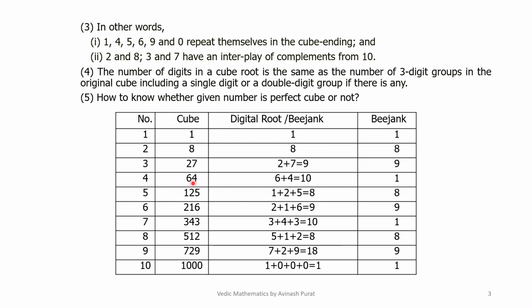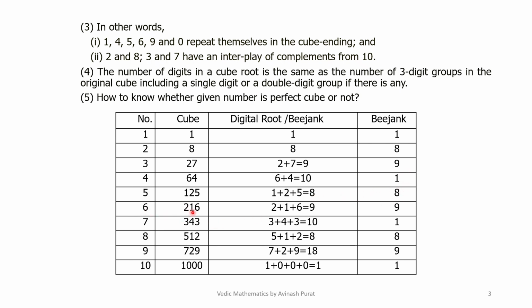Number 4, cube is 64, digital root or Beejank is 6 plus 4 equal to 10, that is 1. Beejank is 1. Number 5, cube is 125, digital root is 1 plus 2 plus 5 equal to 8, Beejank is 8.